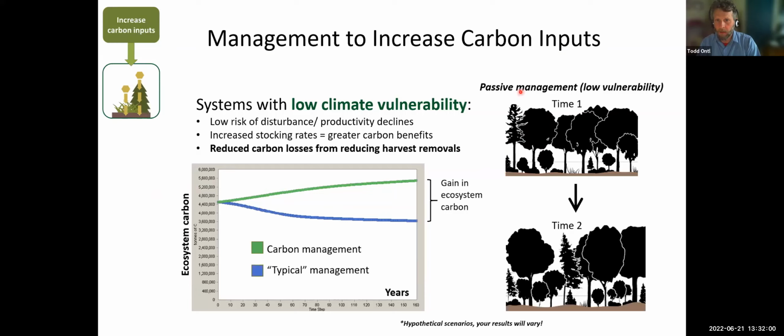And you can see that here in this cartoon generalized depiction: under a low vulnerability scenario, this passive management can result in essentially the forest aging, gaining more carbon, and gaining a little bit more in terms of its complexity, which provides wildlife habitat benefits.